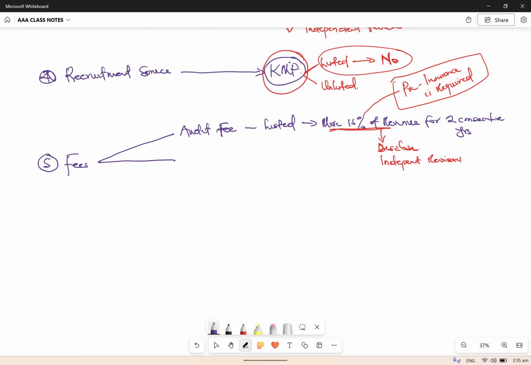Another thing about fees we should learn is something called low balling. Low balling is a situation whereby people quote a significantly lower price. Why do they do that? Just so that they will be able to get a job.